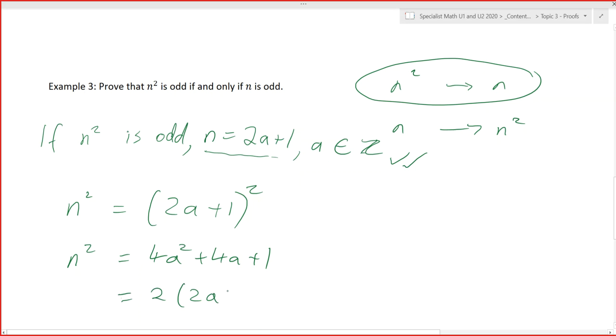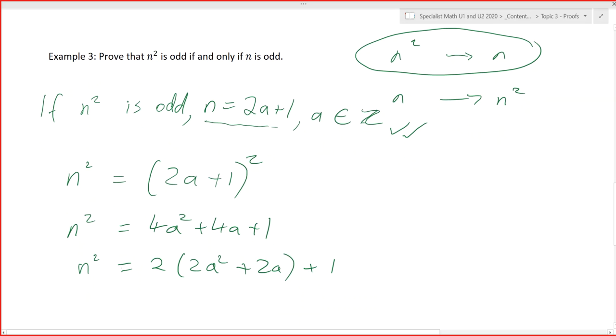I forgot the squared there. So you can see there's 2 times something plus 1. So this shows that this is also odd. So using n being odd, we've shown that n squared is odd.